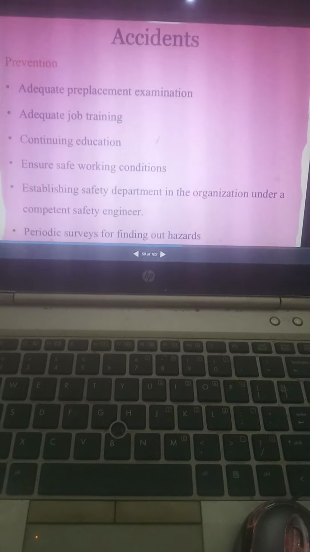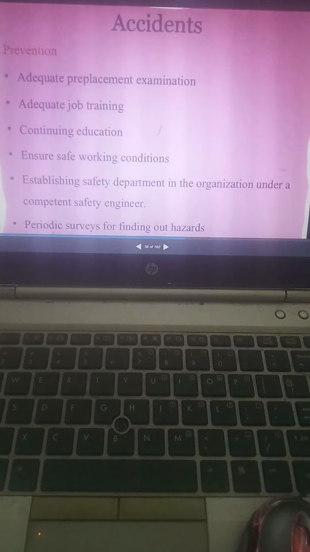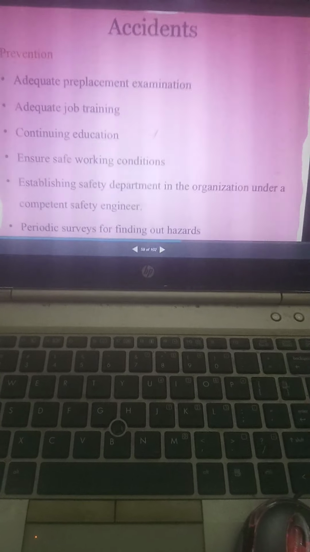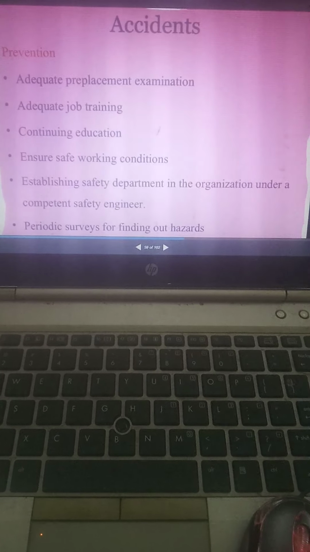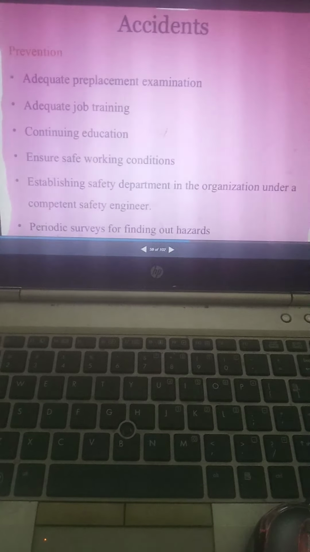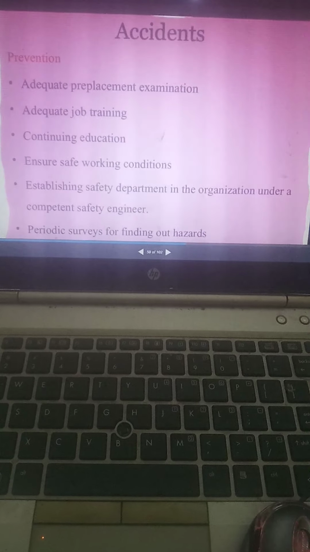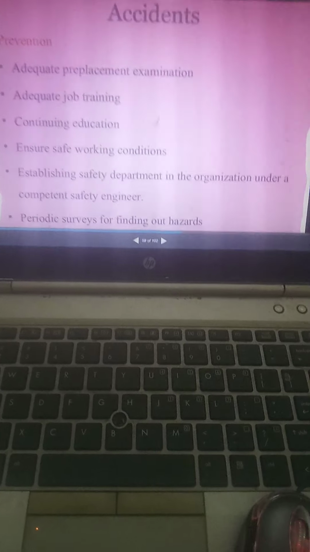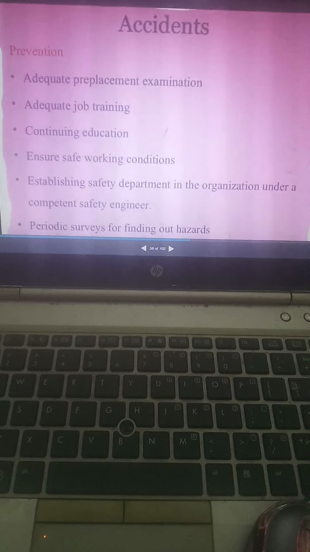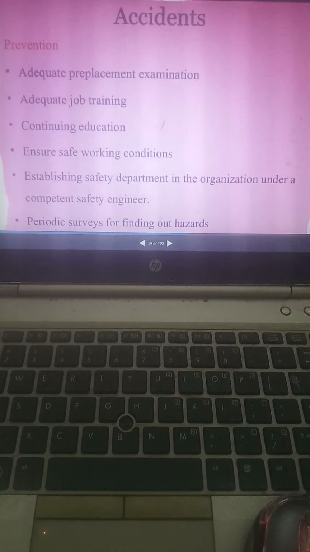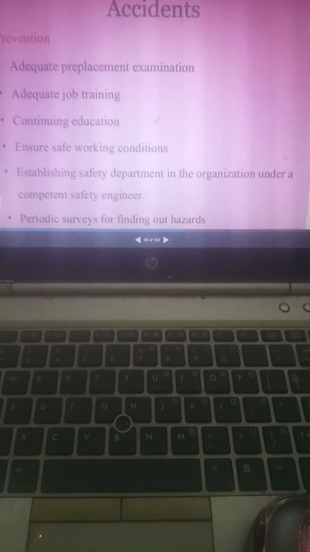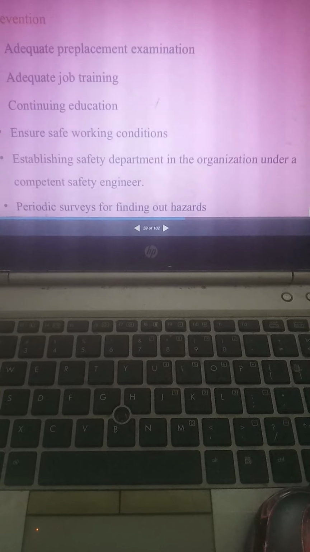Continuing education, then you should educate them at intervals, so that they keep themselves updated about the risks associated with the kind of job they are doing, so that they can keep on training themselves to prevent accidents in the working conditions.